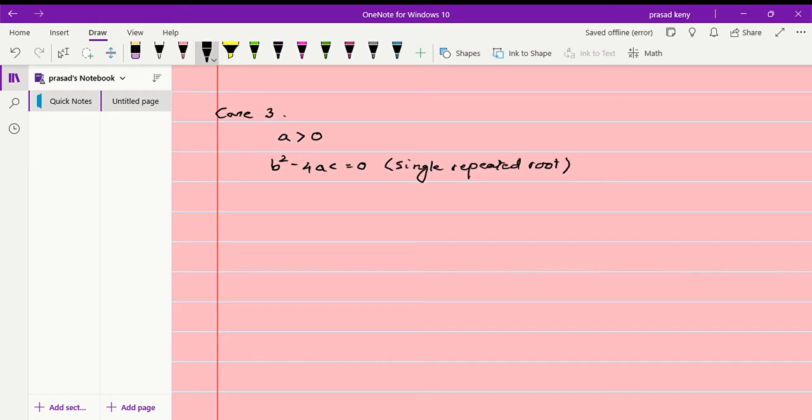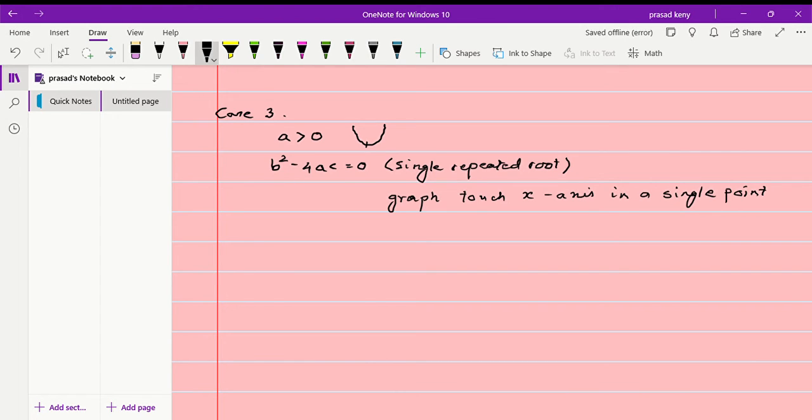So in this case, since there is a single root, that means the graph will just touch the x-axis in a single point, and since a is greater than 0, it will be a U opening upwards.